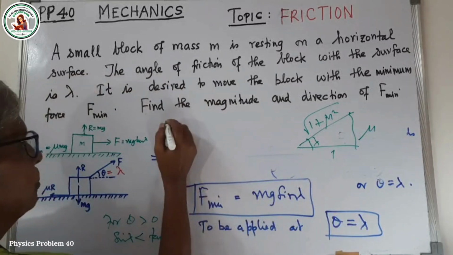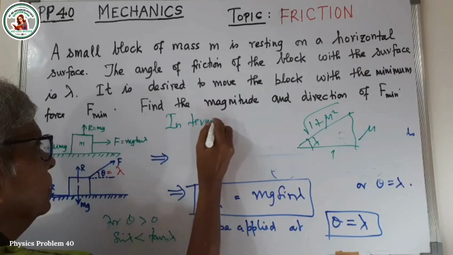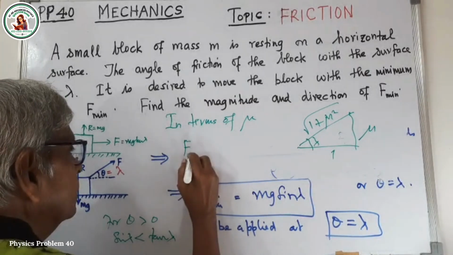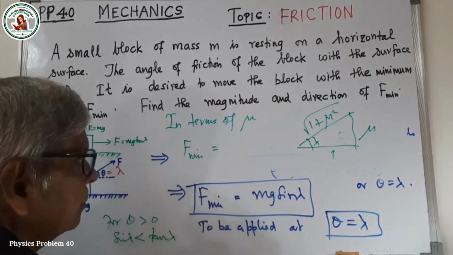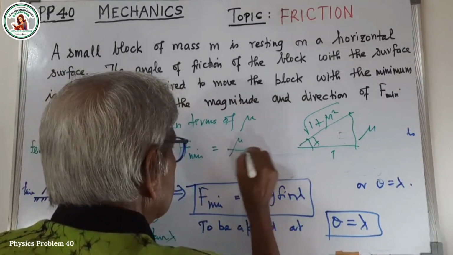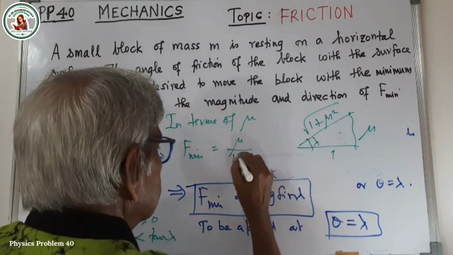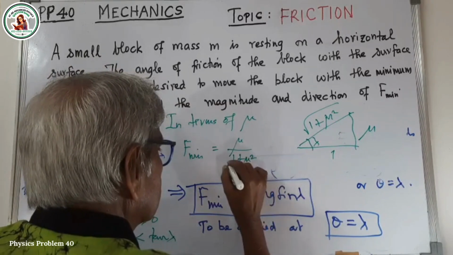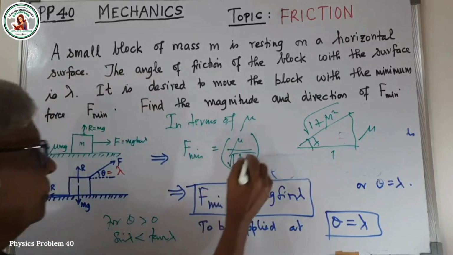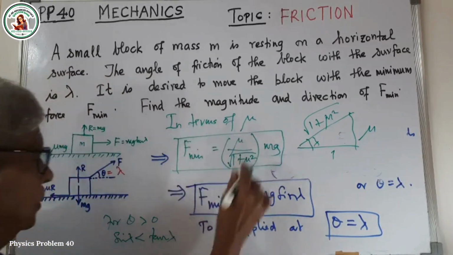So F minimum is equal to mu by square root of 1 plus mu square, times mg.